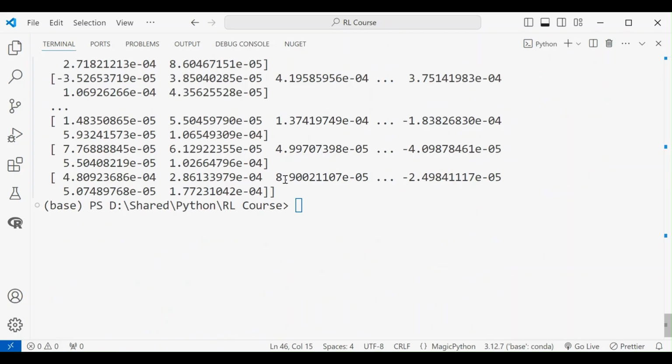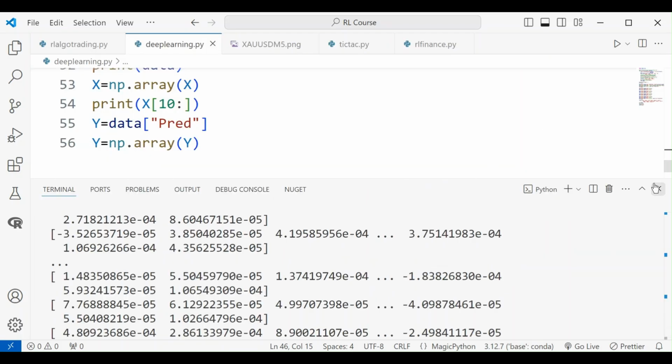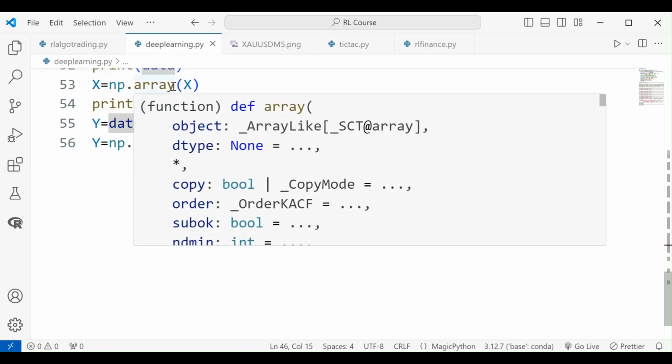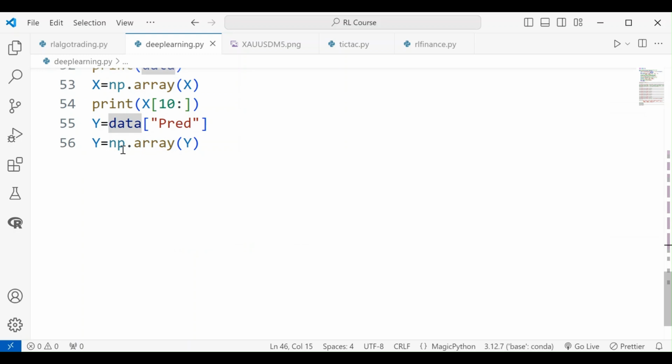So this is how we are going to create our features. Now we have got the numpy array X, this is the input, and we have got the numpy array Y, which is the output. In the next video, I'll explain to you what is forward propagation.